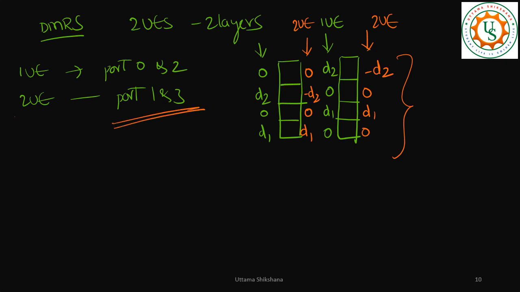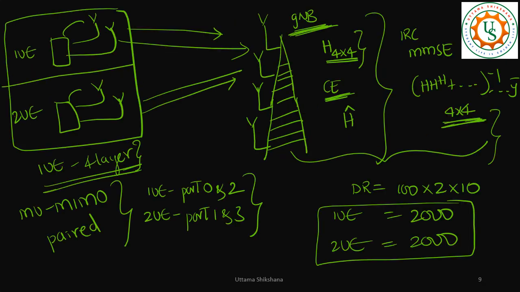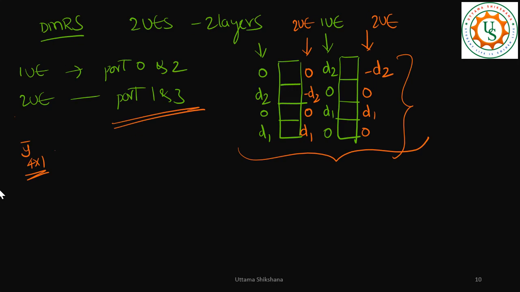Now, considering these port allocations, we will receive y bar, 4 cross 1. At the gNodeB side we will have 4 antennas, as you can see here. So the channel will be 4 cross 4, and I have to estimate this 4 cross 4 matrix.